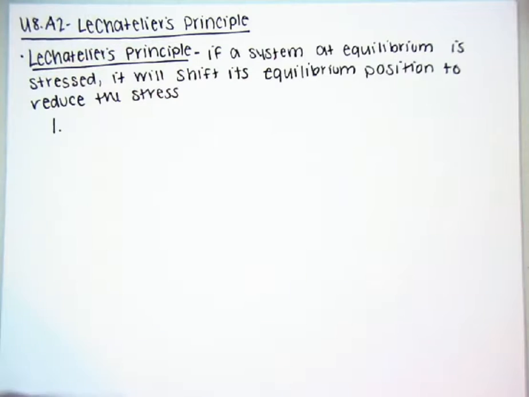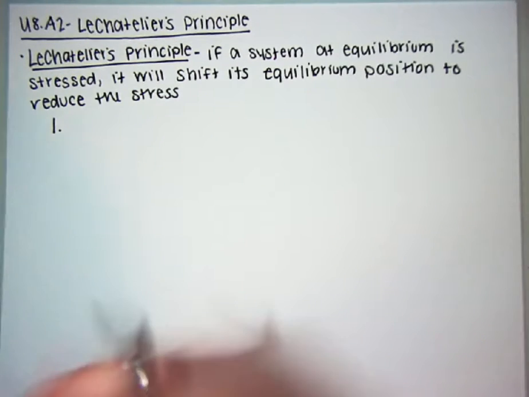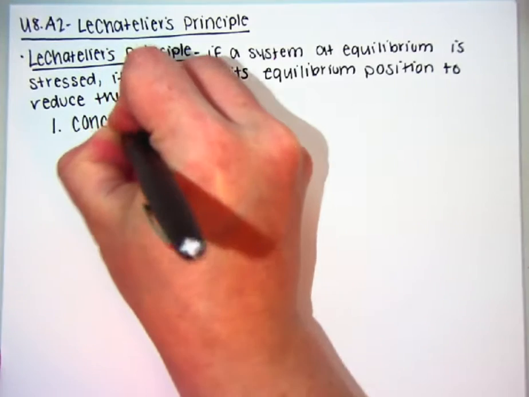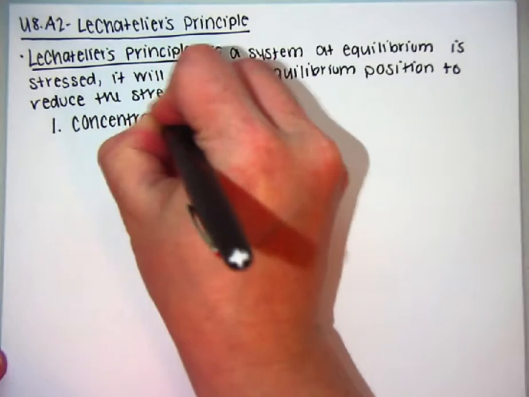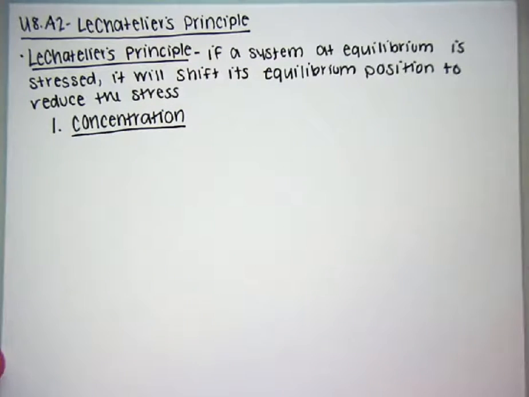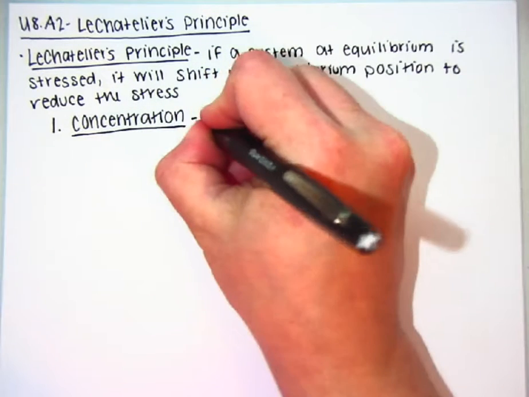There are a few ways that you can stress a system at equilibrium, and the first one we're going to talk about is concentration. I'm going to give you a wordy trend and then we'll talk about it.